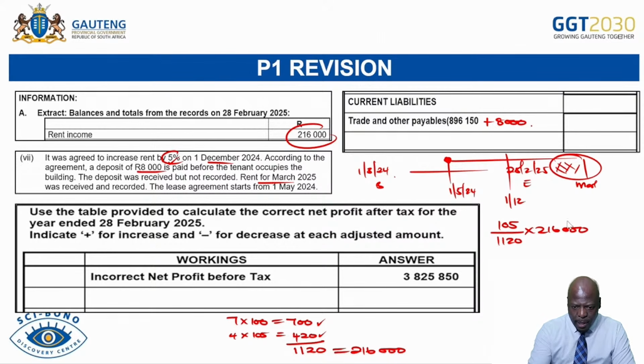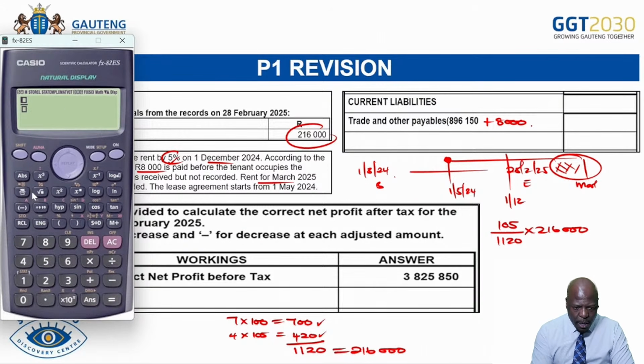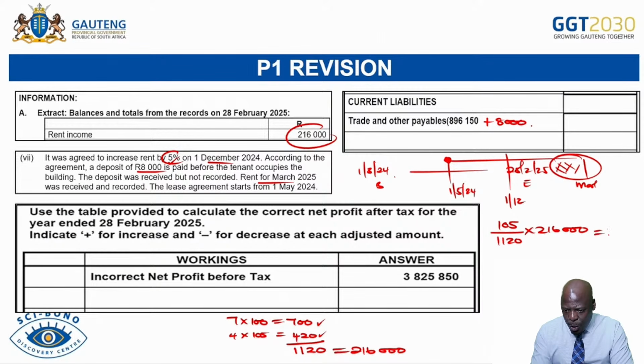So let's see if the adding machine will say 105 over 1120. Then we multiply by 216,000. That is going to give me 20,250. What is that? That is the rent for the month of March.